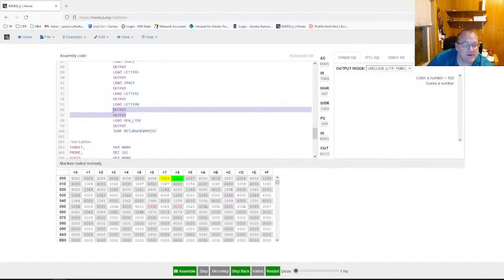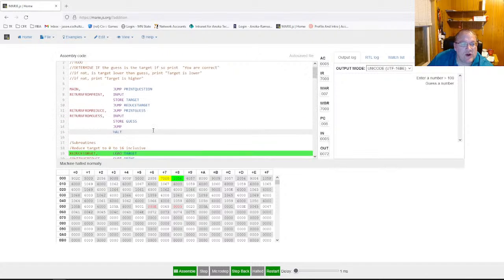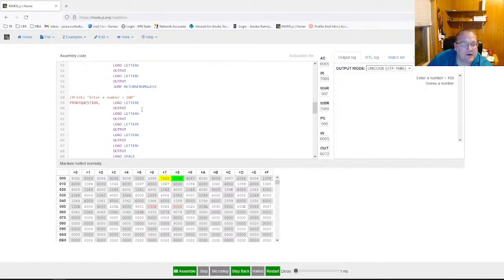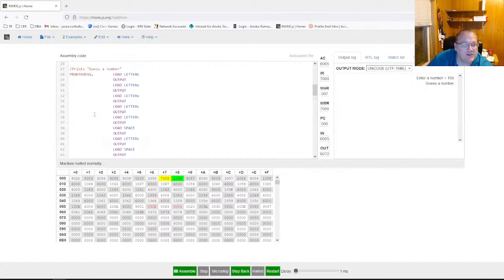That's because there are two outputs, so that's how I know it's 0, 0. Then I do a new line, which gets me to the next line, and then I return back. So I'm ready to print the question, enter a number.